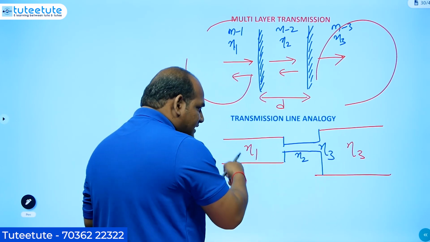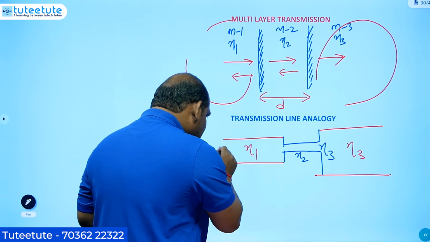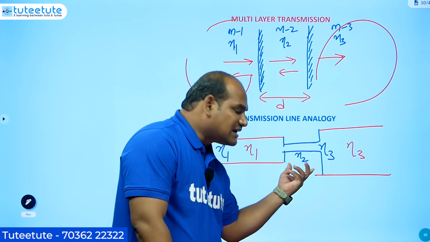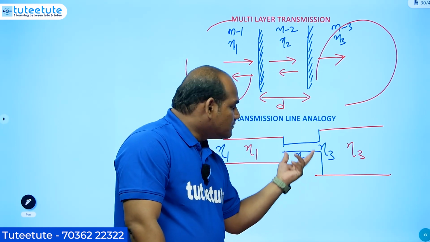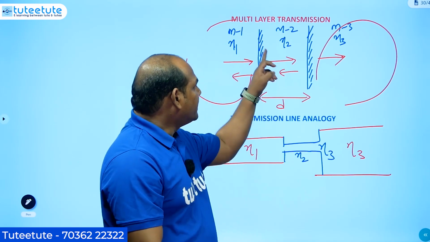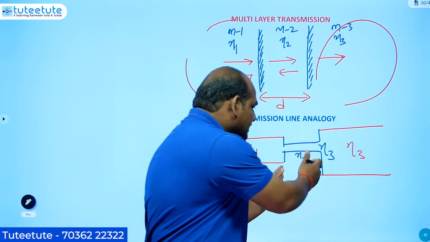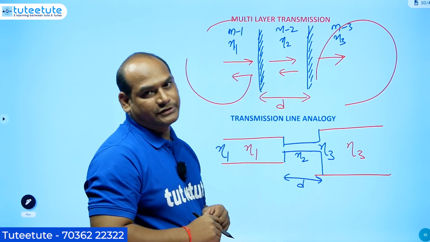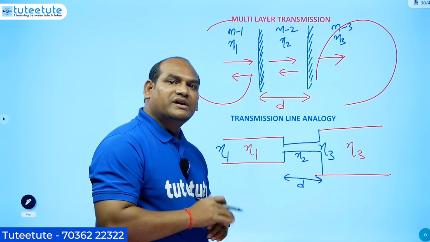Similarly, because medium 1 is of infinite length, its input impedance is equal to its characteristic impedance eta 1. But we cannot apply that to the middle transmission line, medium 2, because it is not of infinite length; its length is d only.